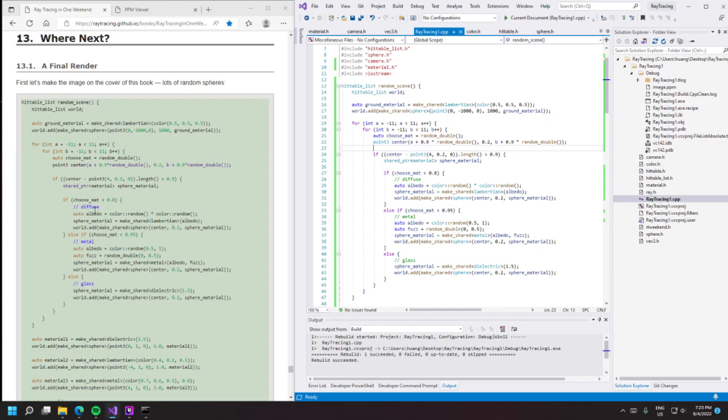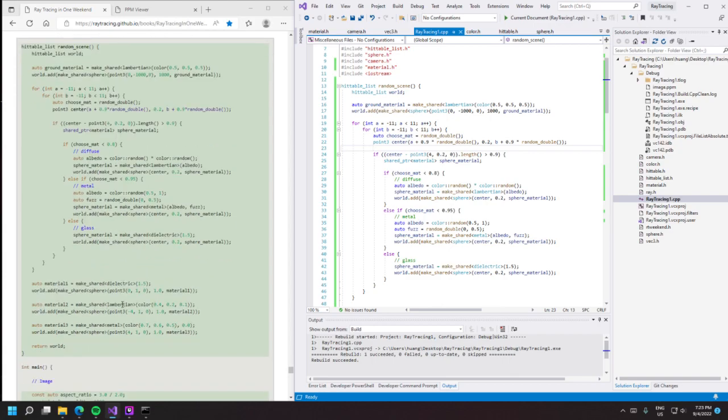Like it can be diffuse, metal, or glass. We set up the materials accordingly, and then material 1 is this thing that we made. Material 2 is the metal here. The glass is dielectric, and diffuse is the other.